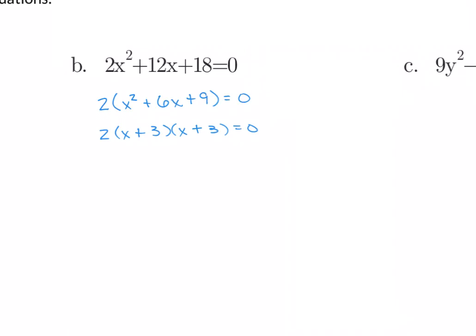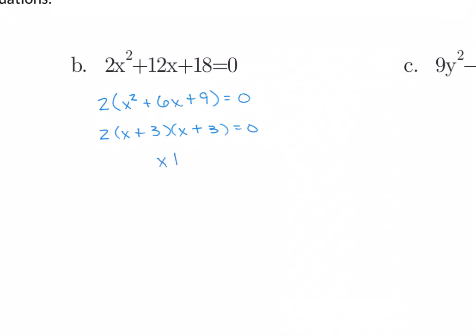From there, we want to set each factor equal to 0. Now, this is the first time that this has come up where our greatest common factor has just been a number. Do I have to set this equal to 0? And the answer is no. It's just a 2. 2 is just 2. It's not going to be 0. So really, we only care about anything that has x's in it.